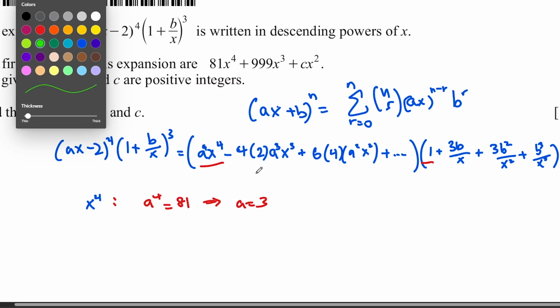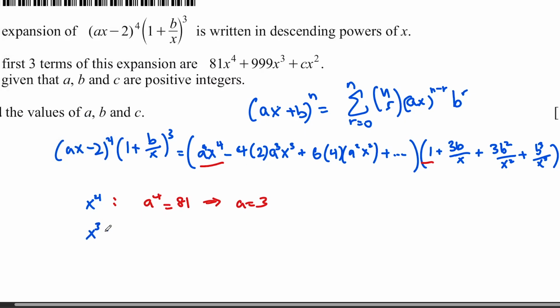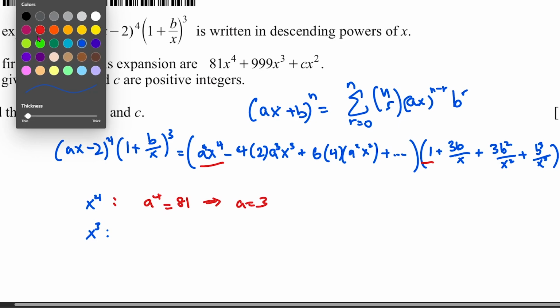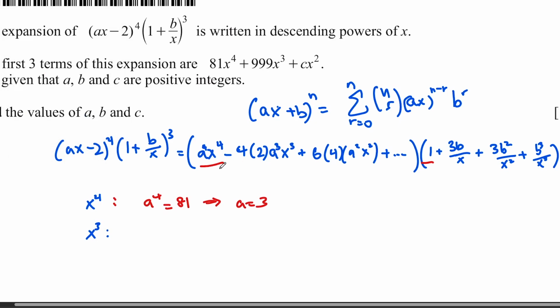For the coefficient of x cubed, we can multiply x to the power 4 with 3b over x to get x cubed, and also multiply the other term with 1.